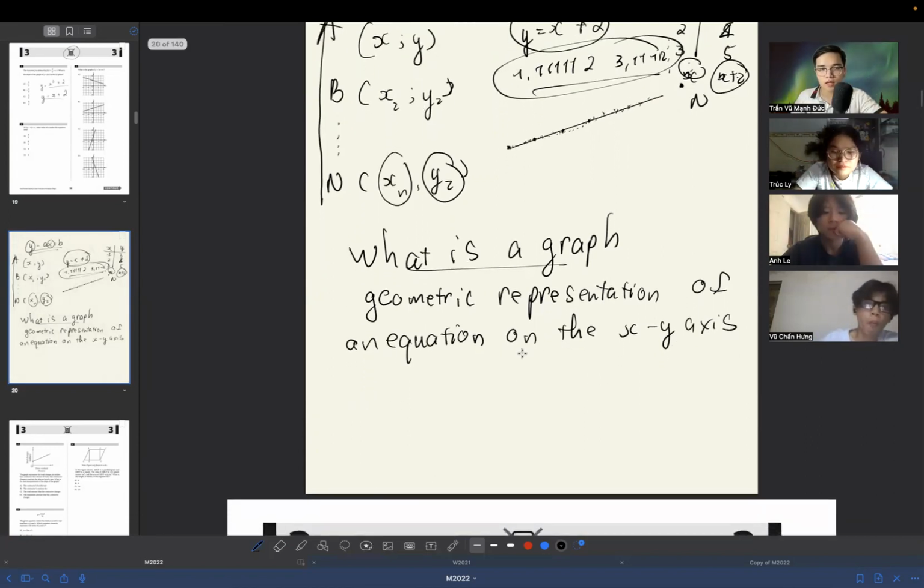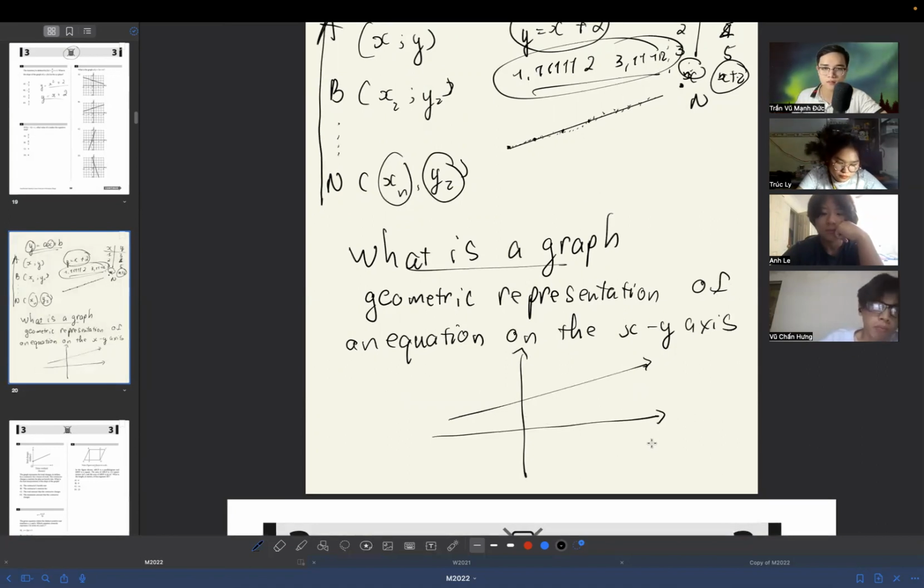What is an xy axis? This is an xy axis. And if I put a straight line here, this is a line which is represented on the xy axis. Why is it called xy? Because they have two labels. And if I put z in it, it will be xyz.